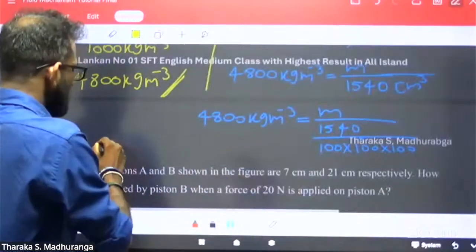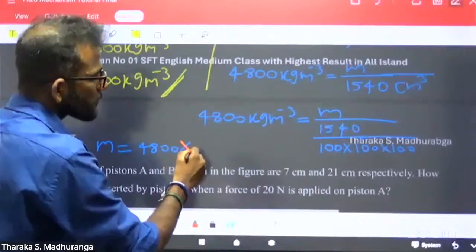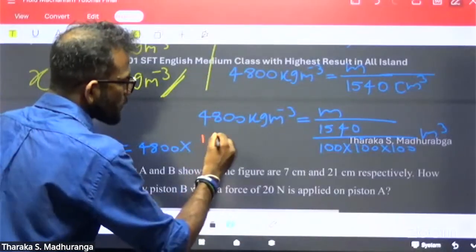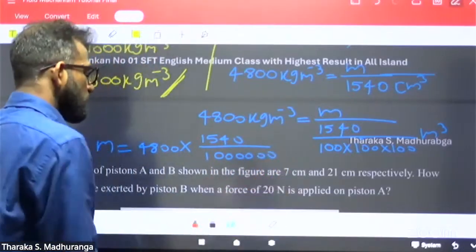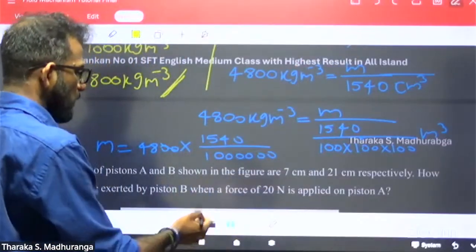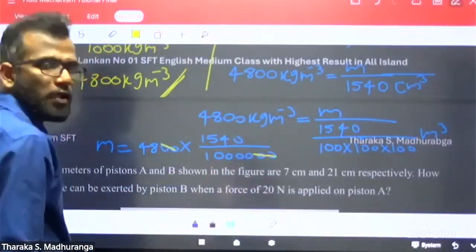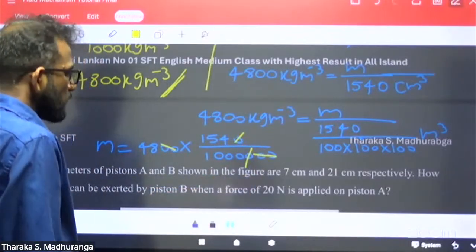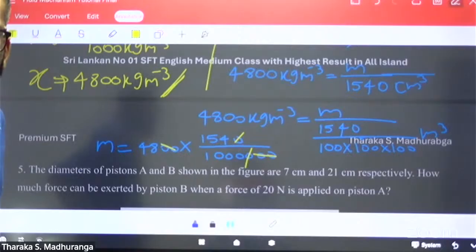You can isolate the m by cross multiplication. 4,800 multiplied by the volume, now in cubic meter, in standard unit: 1,540 over 1,000,000. Zeros cancel out. Then 48 into 154 over 1,000. What's the answer?